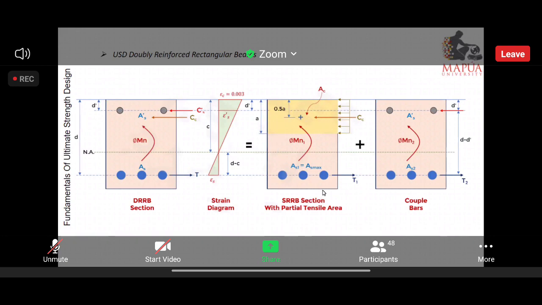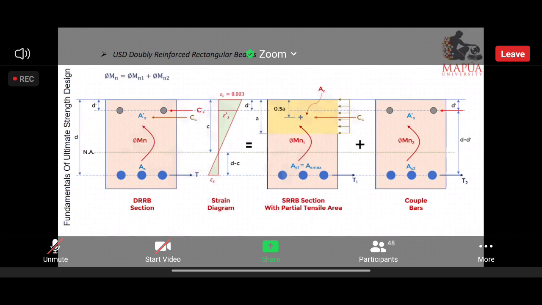By virtue of that idea, we know already that this will be the maximum AS. We add to it the yielding effect of the compression bars and the additional tension bars needed for the excess moment. So this will be d prime, and this will be d minus d prime, usually accounted as 60 millimeters or 65 millimeters. That extends the idea of dealing with the summation of concrete cover, diameter of the stirrups, and half of the diameter of the bars.